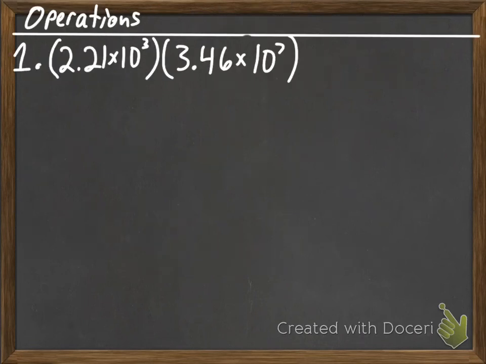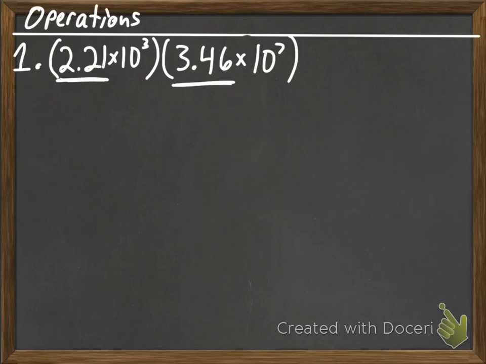And finally, we're going to talk about operations with scientific notation, mainly talking about when we're multiplying. So we have 2.21 times 10 to the third multiplied with 3.46 times 10 to the seventh. Here's what you need to do in order to get these right. Identify the numbers that are not with the times 10, so our 2.21 and our 3.46.